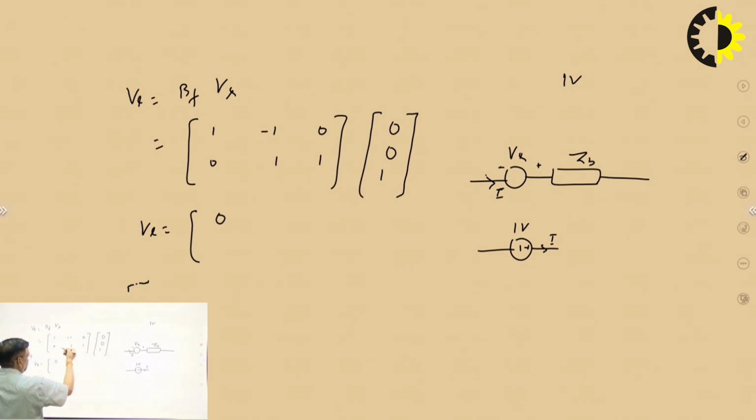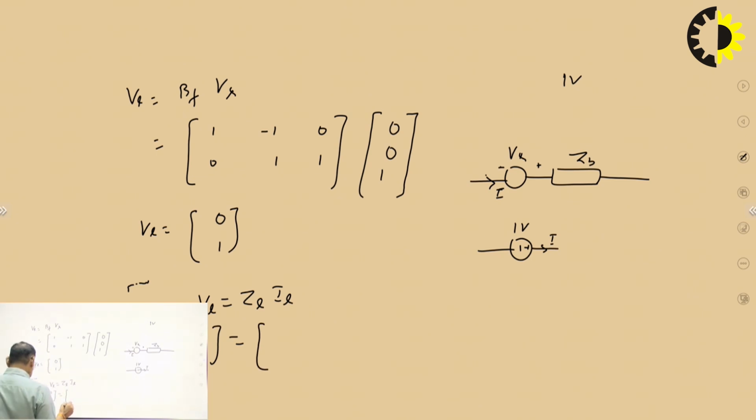Now 0 plus 1 into 0 is 0, plus 1 into 1 is 1. So it is coming 1. So VL is this one. So VL is equal to ZL IL.